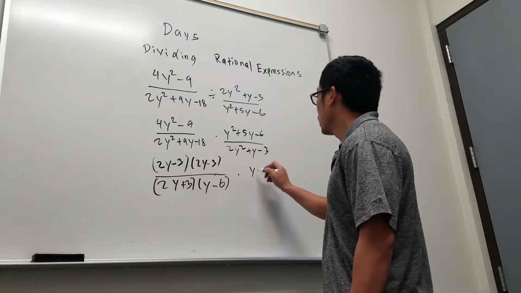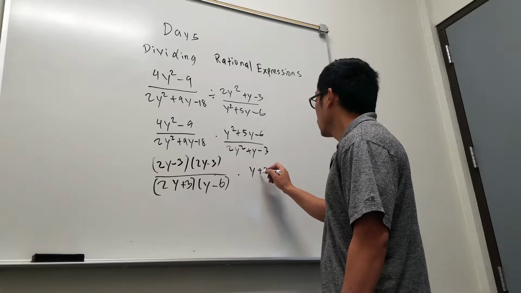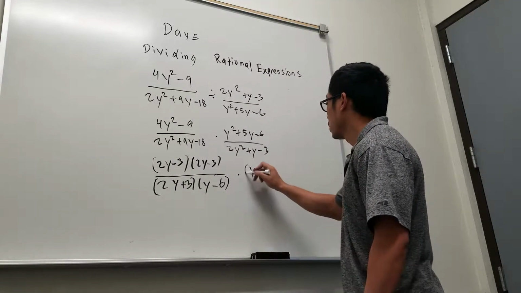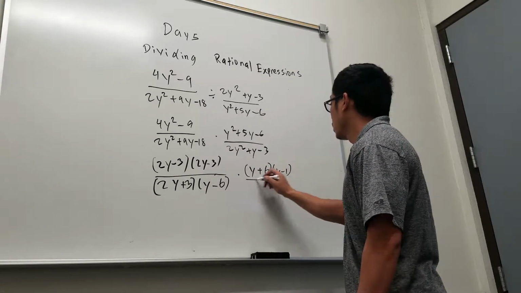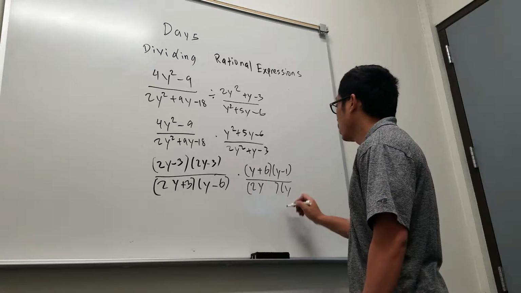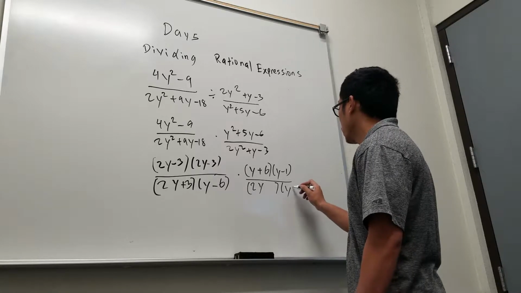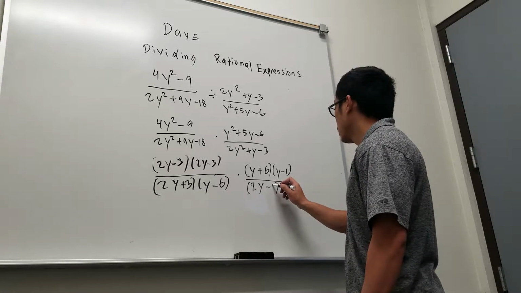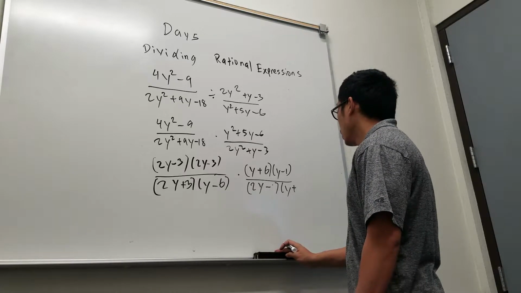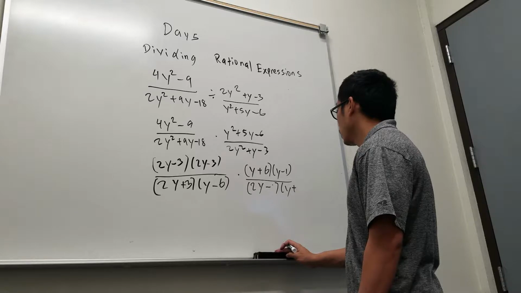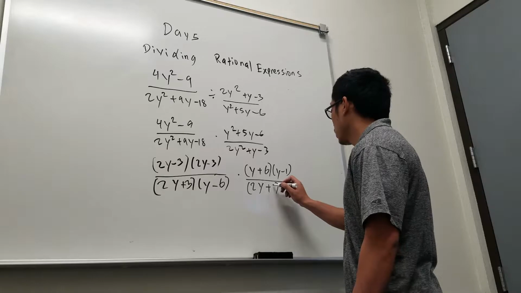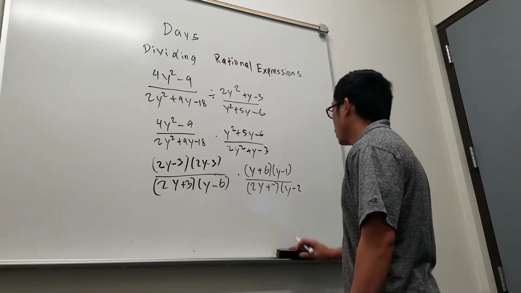And this one is going to be y minus 2, plus 6, y minus 1, 2y, and then you have y, minus 2 plus 3, minus 1.